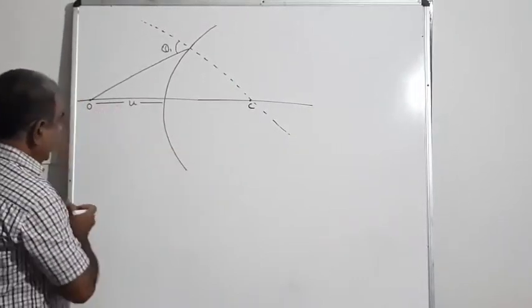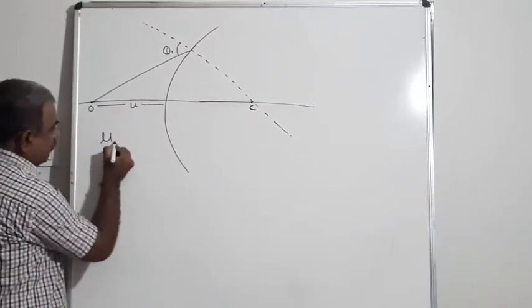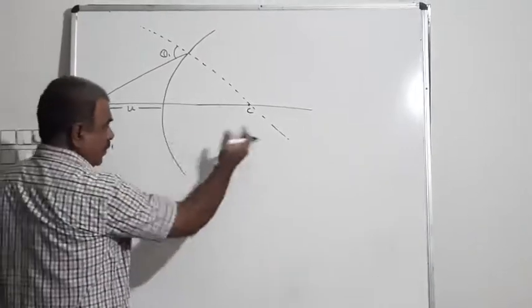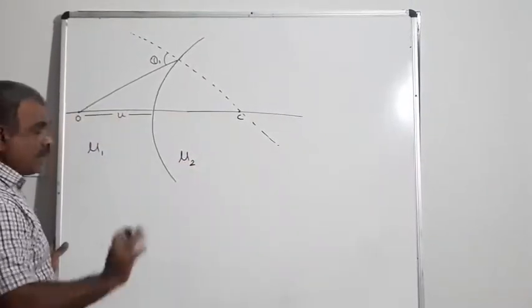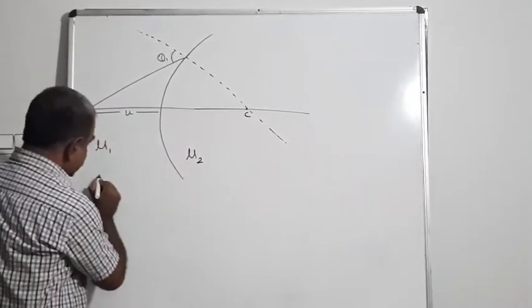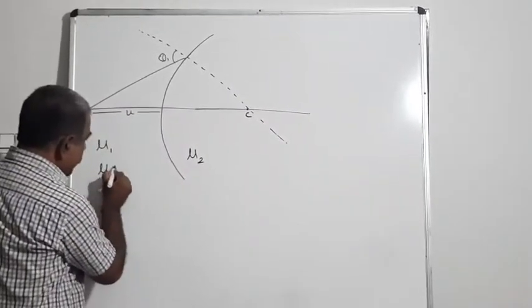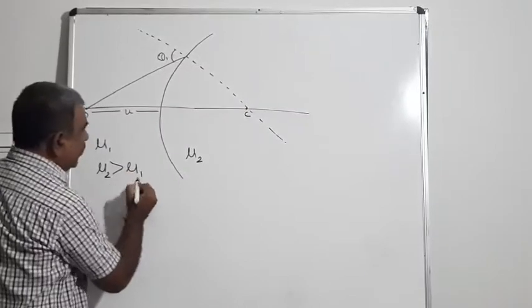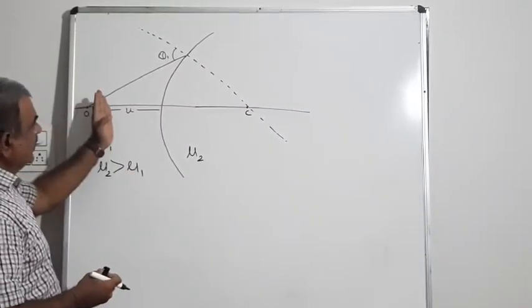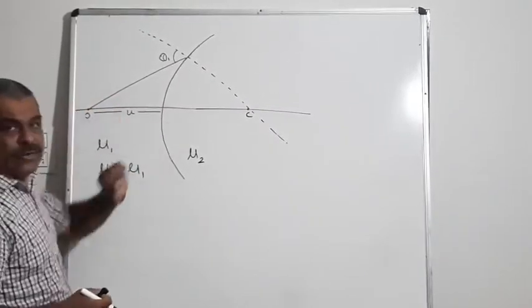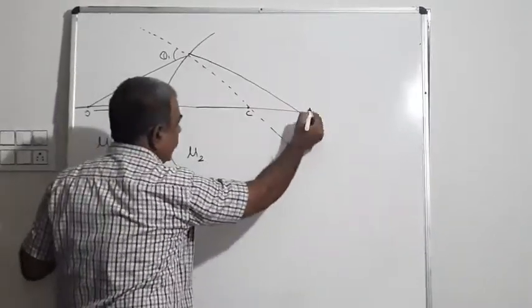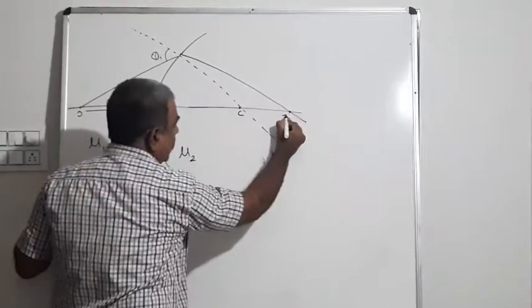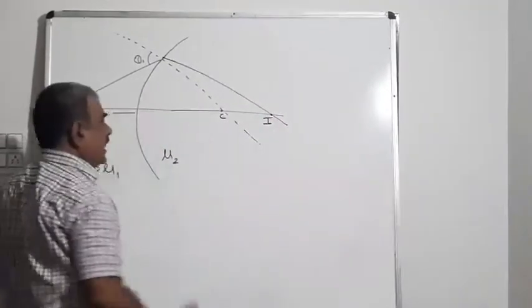On this side, a medium having refractive index mu1. On this side, a medium having refractive index mu2. And the condition we are taking is mu2 is greater than mu1. So naturally light is passing from an optically rarer medium to a denser one. So instead of going straight, it bends towards the normal. And somewhere over here, let's say we have our image I.